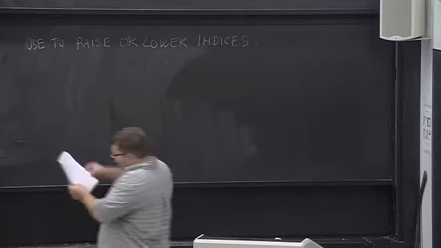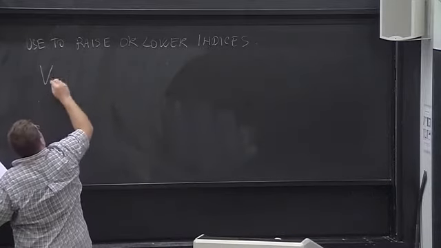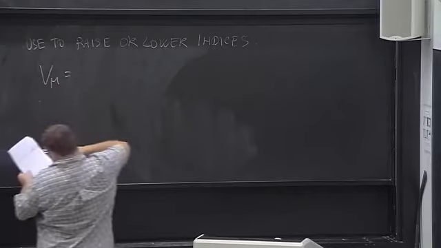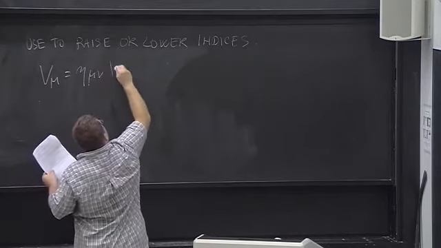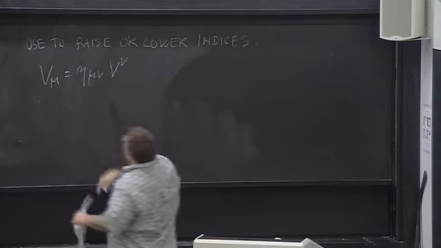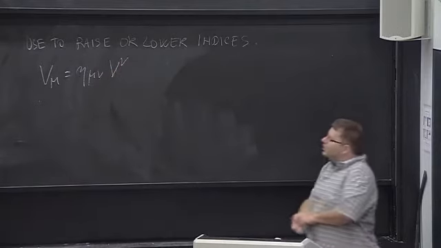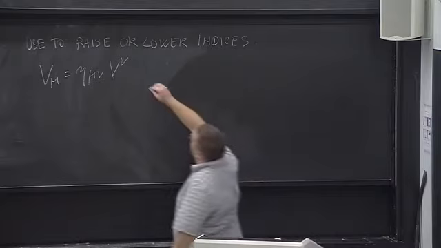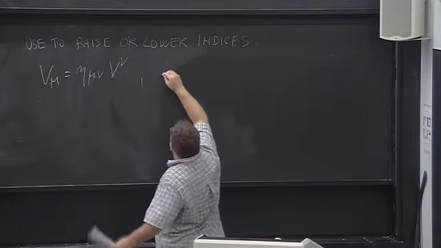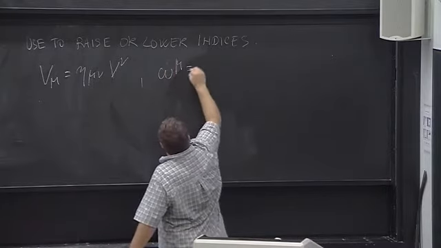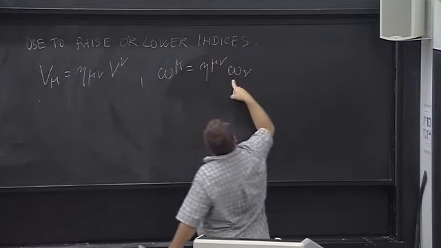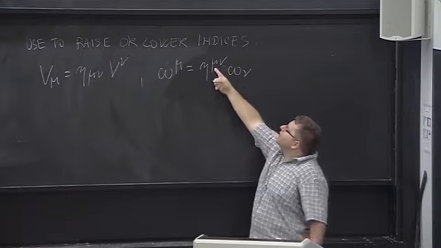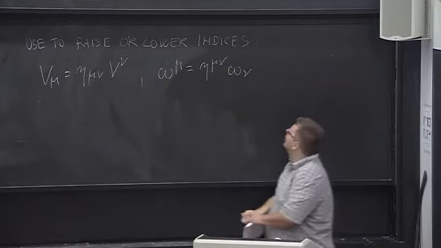Anyway, so once I have the vector, I can define the corresponding covector by simply lowering the index. So I start with a vector v nu, and then I can lower the index using the eta mu nu. And similarly, I can use the other one. So if I have a covector omega, I can raise the index to get this thing here.